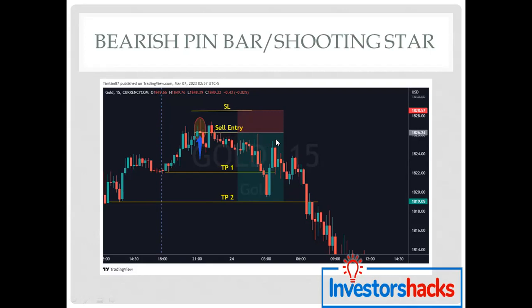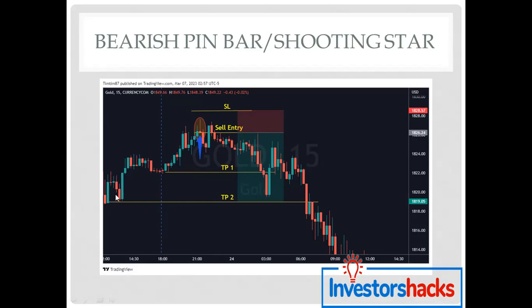As we proceed with the course, we shall look at risk management and determine why the risk reward ratio of 1:3 is the best for you. Okay, so this is how you can trade it. This is how it confirms your entry, and this is how you take your profits. You look at the previous low. This was the immediate previous low, so that was the first take profit point.